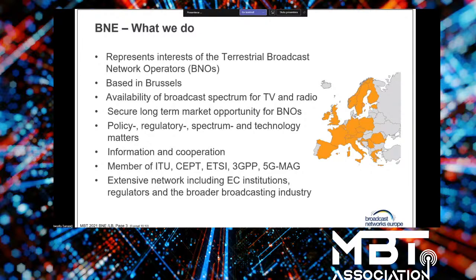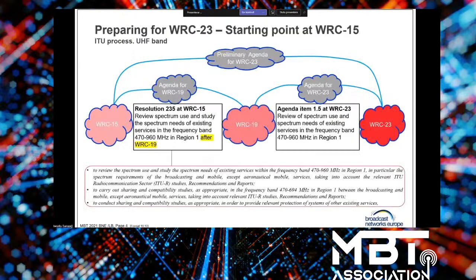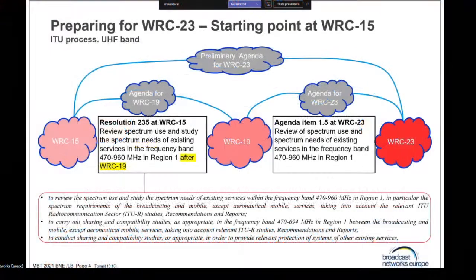So, having said that, now, the future of broadcasting, where do we start? Obviously, WRC-23 is of prime interest, what will happen. But to understand what is going on, we have to go back to WRC-15.